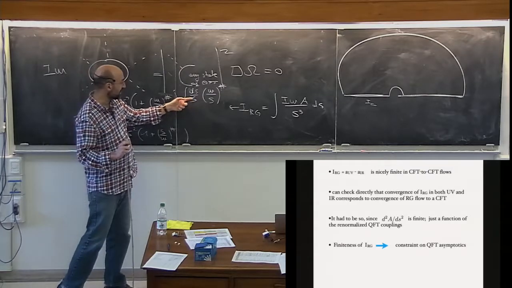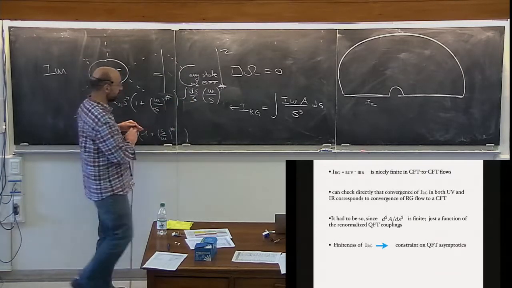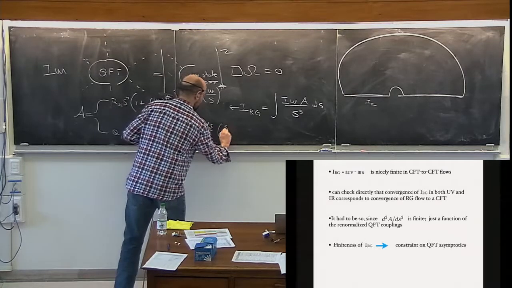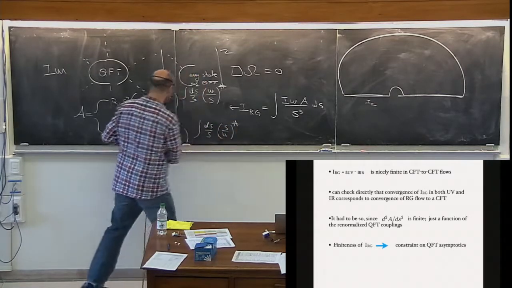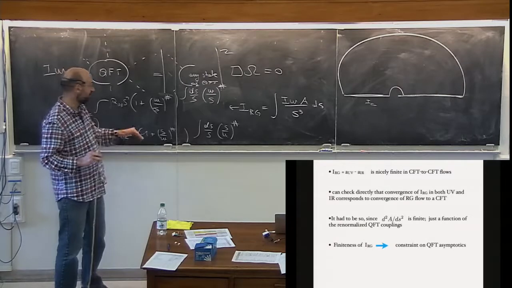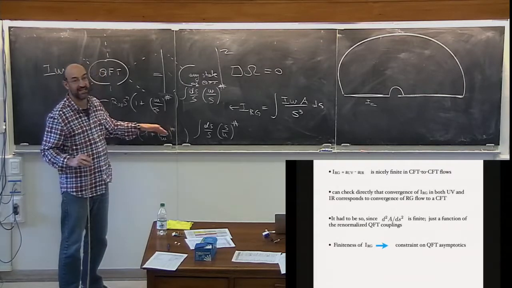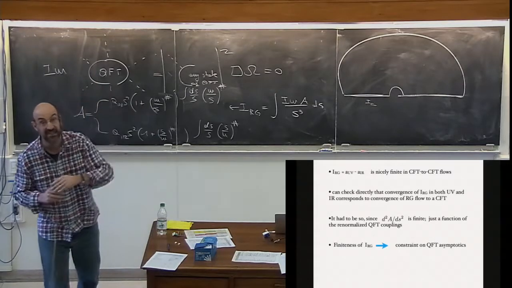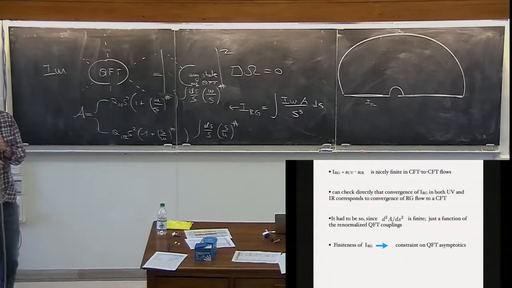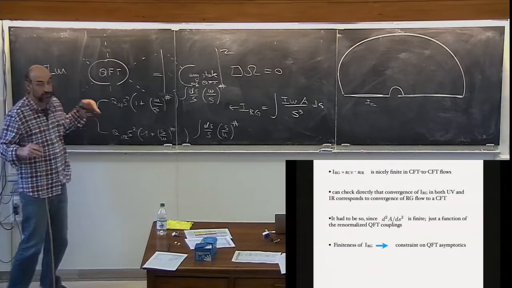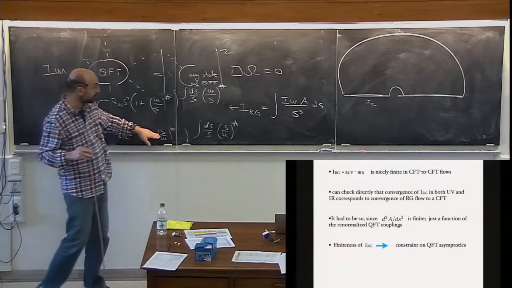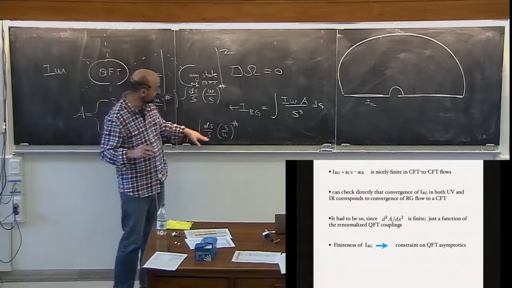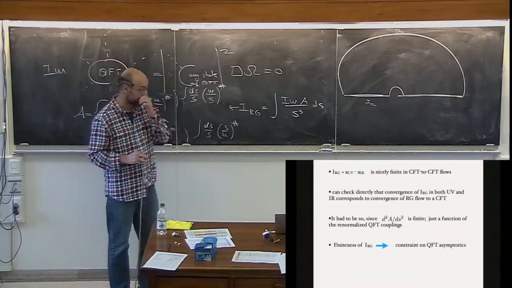The convergence at s going to 0 works fine: ds over s, s over M to some positive power, if at the IR fixed point we are flowing only controlled by irrelevant operators, which is again the assumption that in the IR we only have irrelevant deformation of the fixed point, and so we flow into a new fixed point. Okay, with respect to the IR fixed point, we only have irrelevant deformation, and again, this guarantees convergence in the IR.